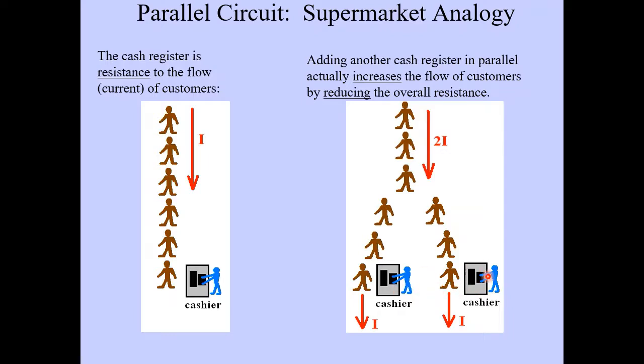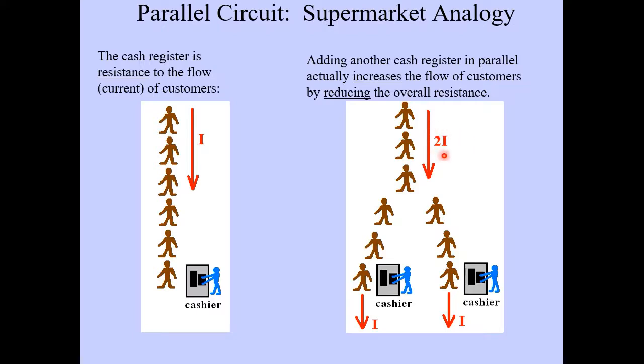So now we've got two cashiers working in parallel. So the flow or line of customers can split. Half can go through this register, the other half can go through this register, and look what we've got now. Remember, I is our current, which is the amount that can flow through one cash register. So here we have I, and here we have I going through this cash register, but these customers are all coming from one line back here, so the current through the store of customers is twice as much.